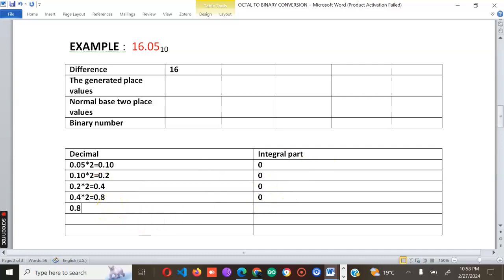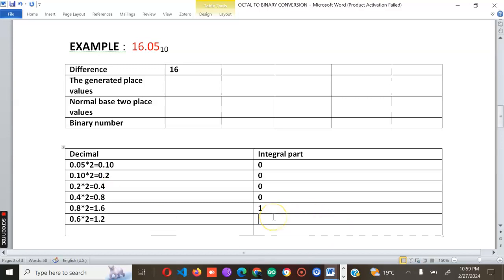Then 0.8 multiplying by 2, which is giving us 1.6. Then we have the 1 here, then 0.6, okay, which is multiplying by 2, which is equal to 1.2.